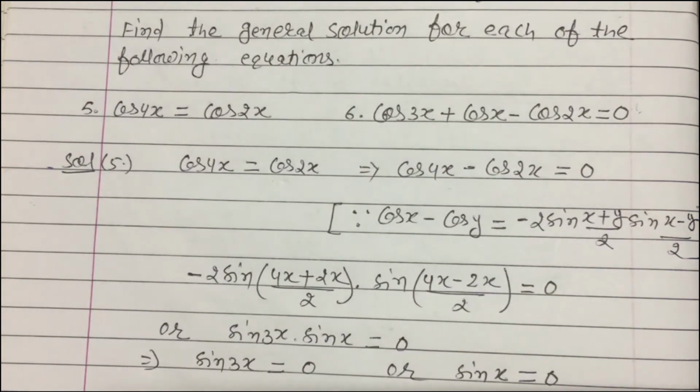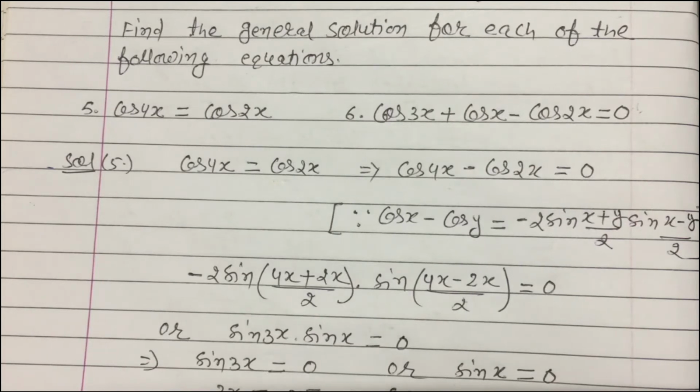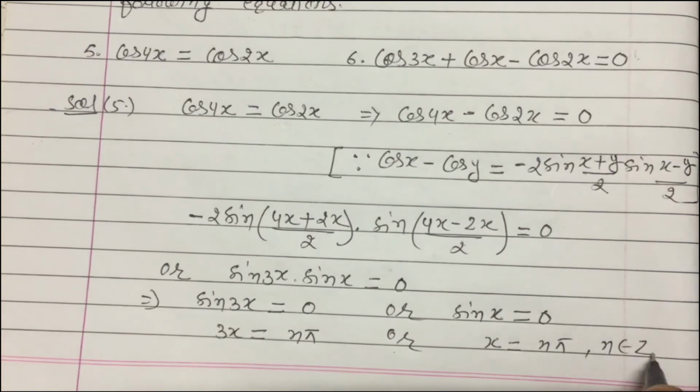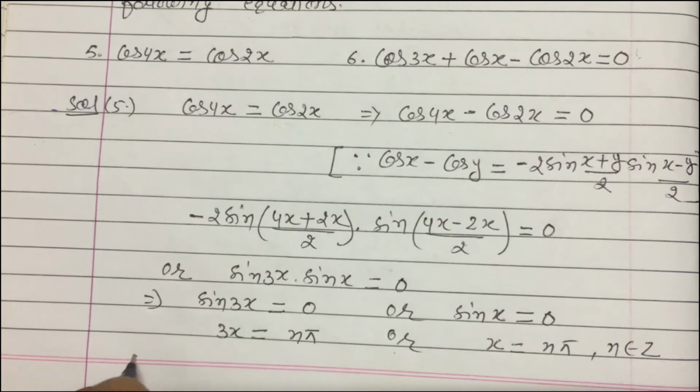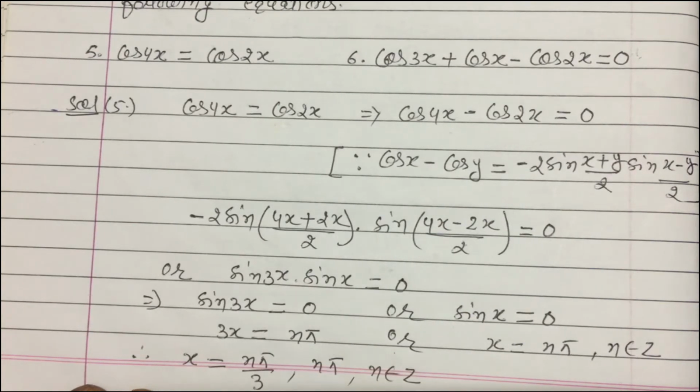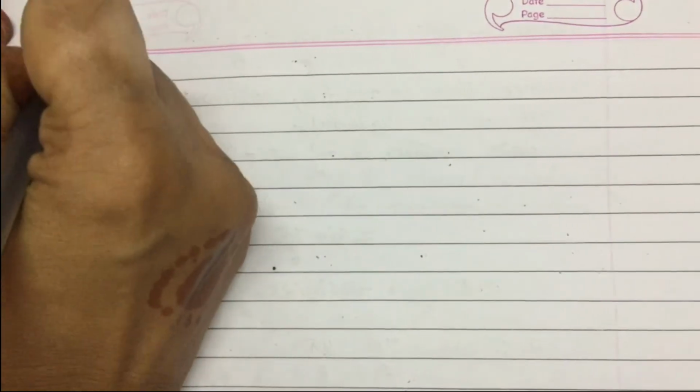From this you will get 3x is equal to n pi, and from here x is equal to n pi by 3, where n belongs to Z. And from the other factor x is equal to n pi, n belongs to Z. It is the answer. Okay, now question number 6.